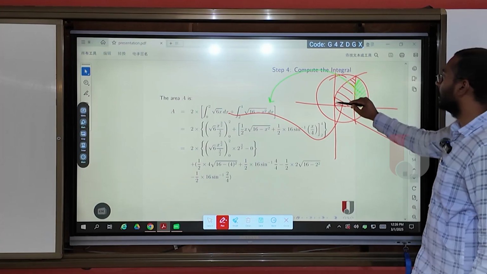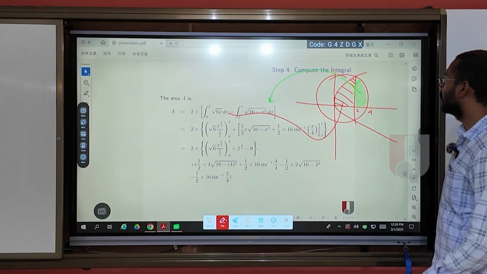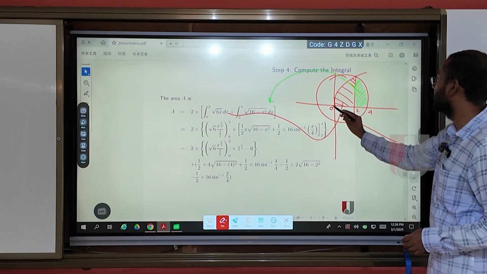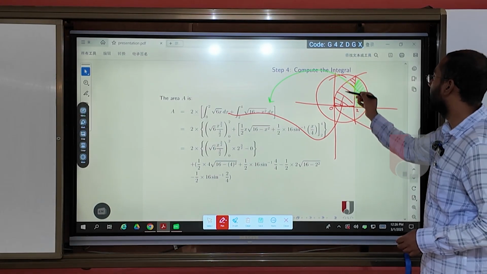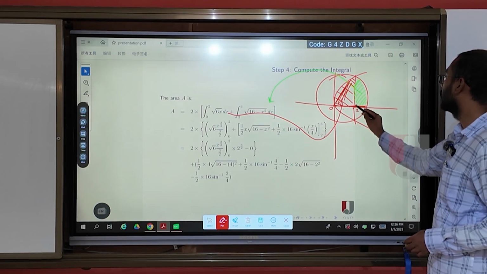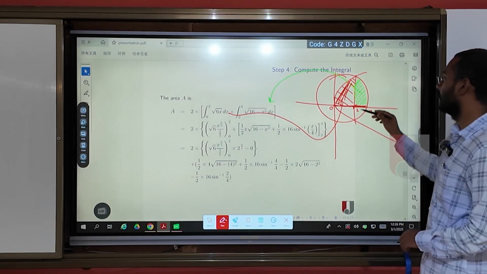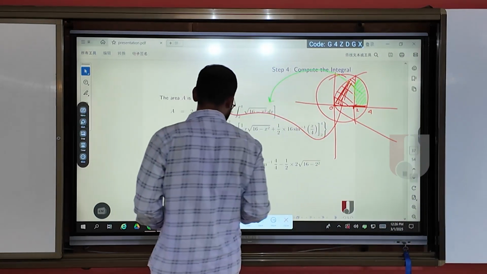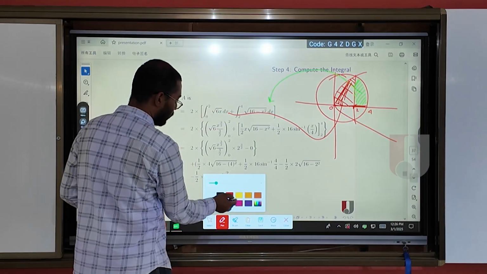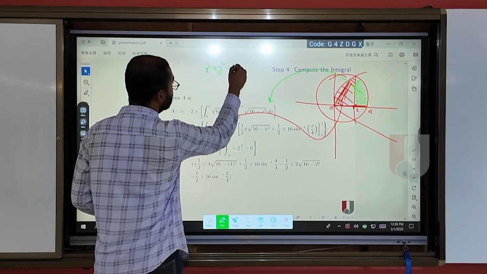Here root over of 6x, because we are considering the upper wing, so that is root over of 6x from 0 to 2. Therefore, we have to consider that zone. After that 2 to 4, inside that zone, here 2, here 4, inside the zone root over of 16 minus x square, because the curve is actually x square plus y square is equal to 16, your circle.